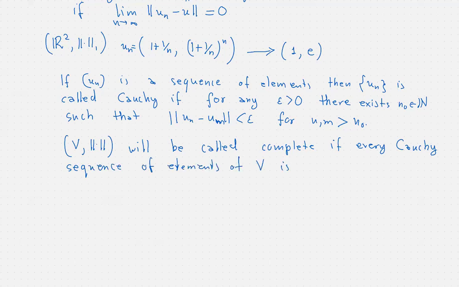Okay, so again, we have a context similar to the real numbers where convergent sequences and sequences that seek to converge are the same thing. So every sequence that seeks to converge finds a place to converge to. And that's exactly what a Banach space is. So a Banach space is a complete normed linear space.